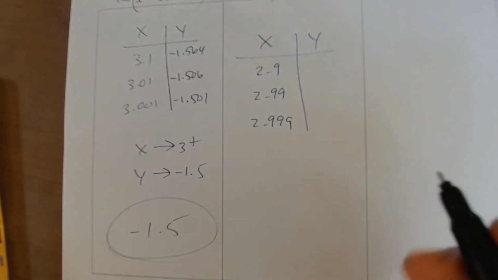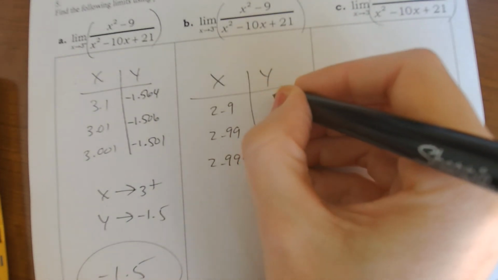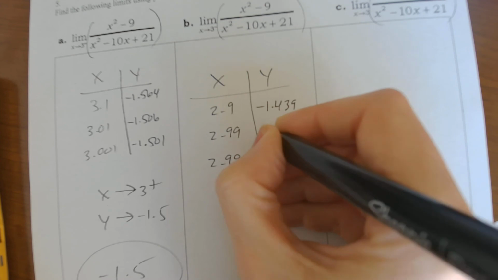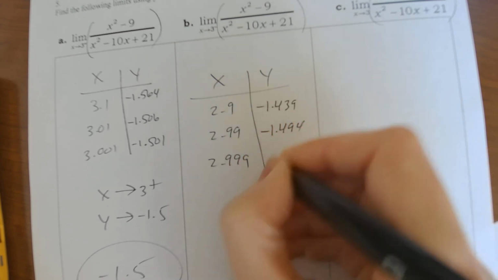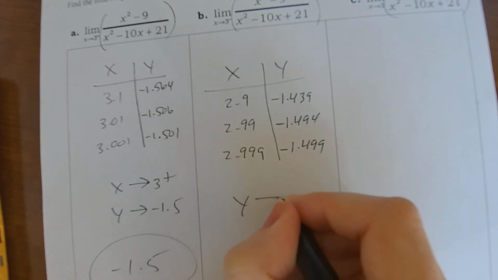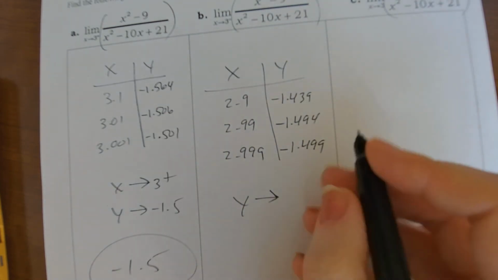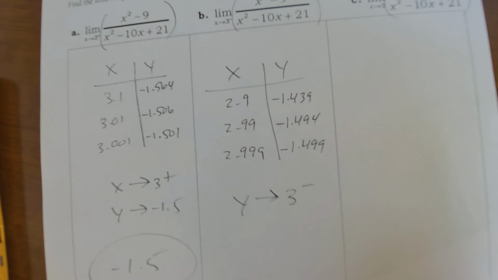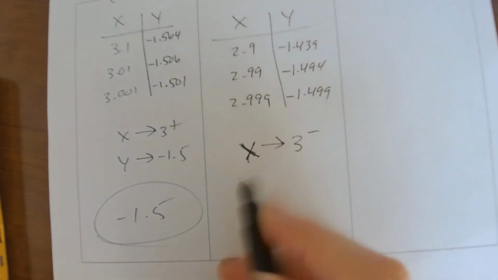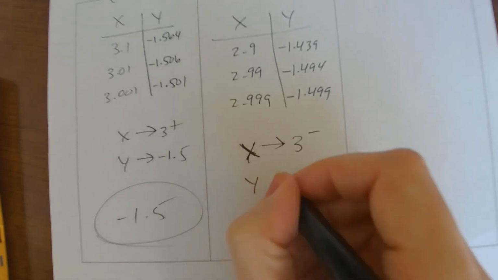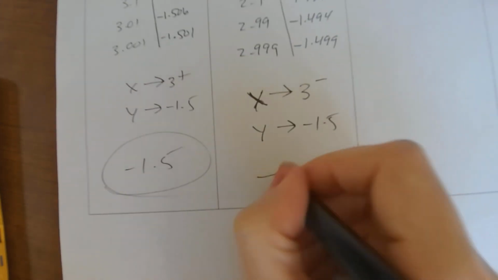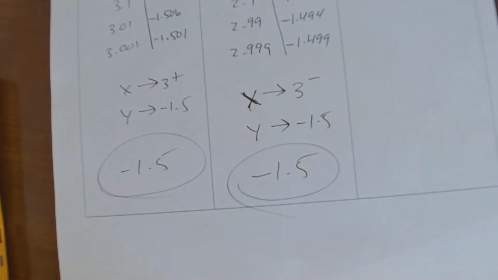All right, so when I'm doing these ones, 2.9, negative 1.439, negative 1.494, so again, we've got our y's approaching negative 1.5. As x approaches 3 from the left, y approaches negative 1.5. So the answer again is negative 1.5.